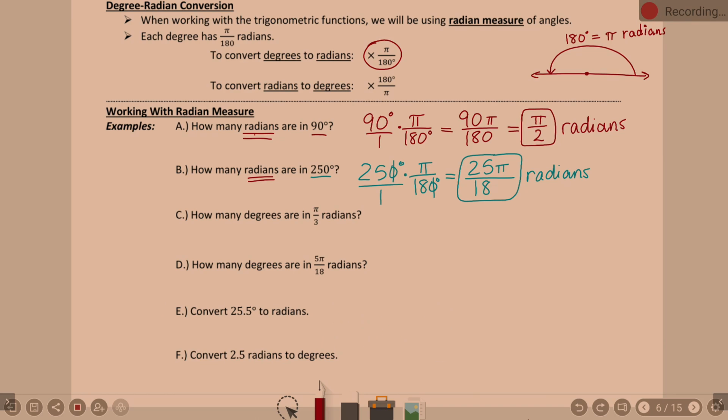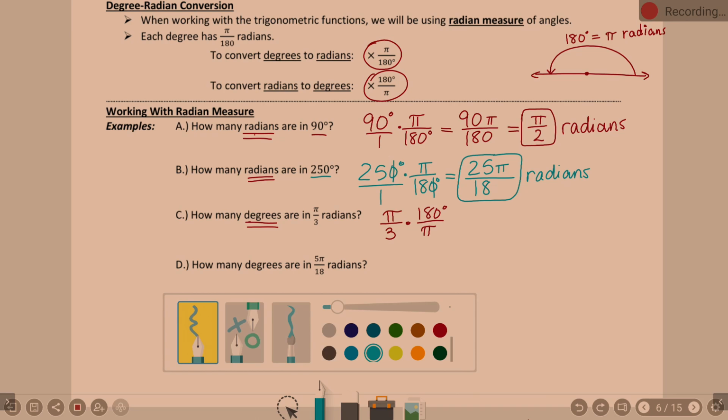Okay, C. How many degrees are in pi over 3 radians? What are we going to do here? We're going to reverse. So we're going to take pi over 3, and we're trying to get it to degrees, which means in order to go to degrees, we're going to multiply by 180 degrees over pi.